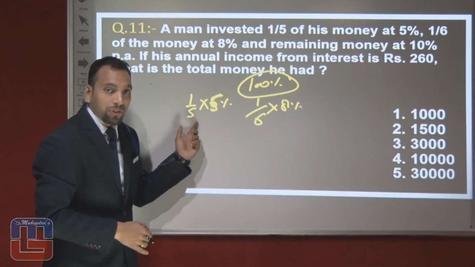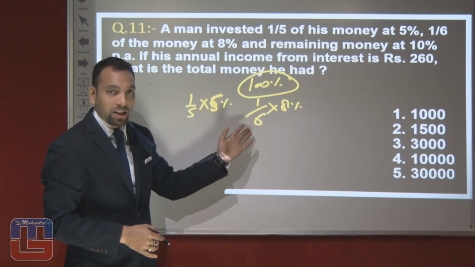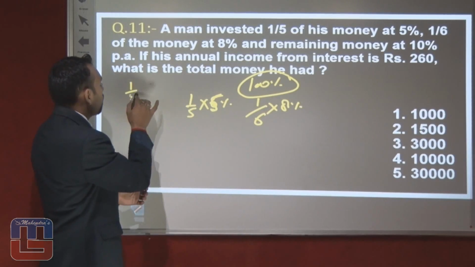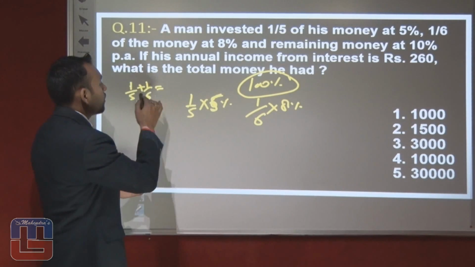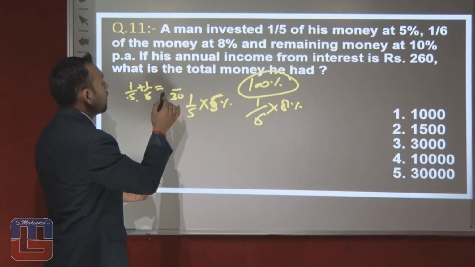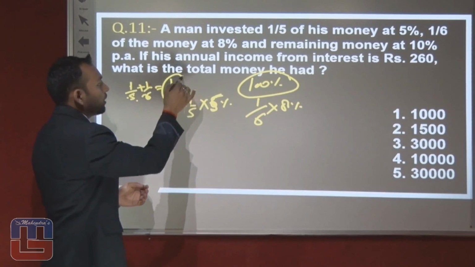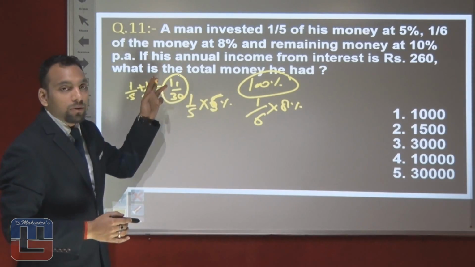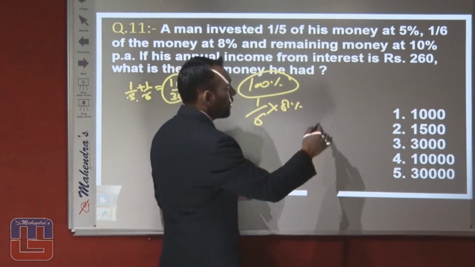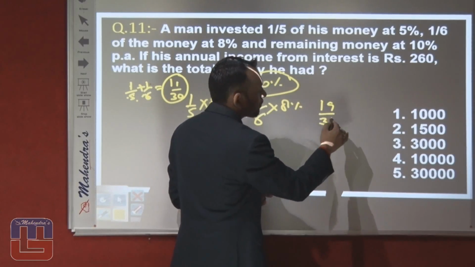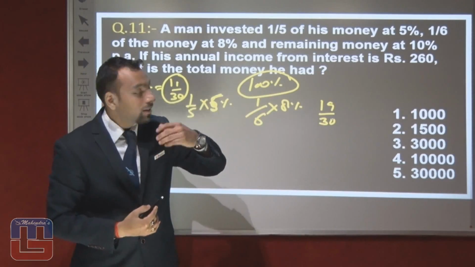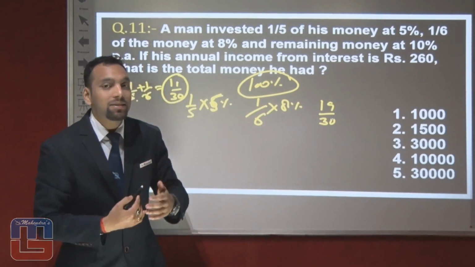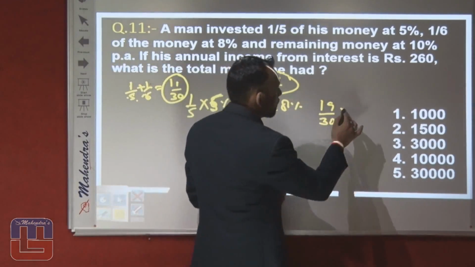If 1/5 he is investing here, 1/6 here, so the money is 1/5 plus 1/6. Here you will get how much? Now take the LCM, it will become 30. 6 plus 5, 11/30. So if you subtract this from 1, the remaining amount will be 19/30. So the remaining amount will be 19/30, and this 19/30 he is investing at the rate of 10%.